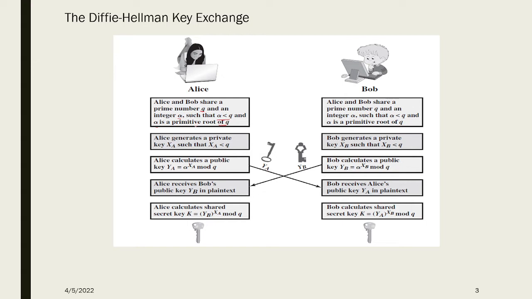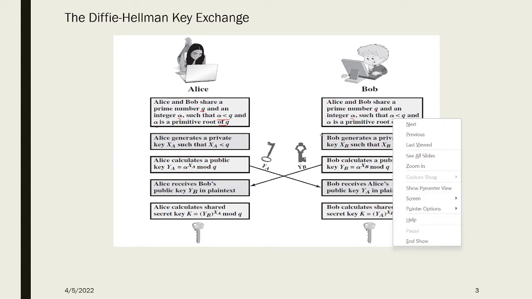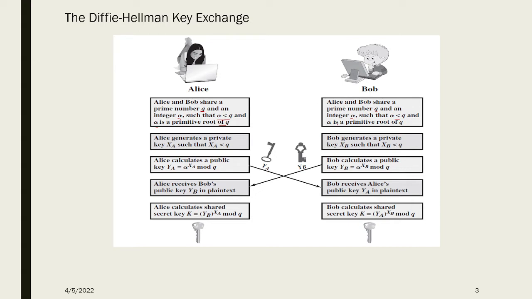Soon I will be explaining what a primitive root is. The same step is performed by Bob, that is, the prime number q and alpha will be known by both Alice and Bob, and they should satisfy the conditions alpha less than q and alpha a primitive root of q.